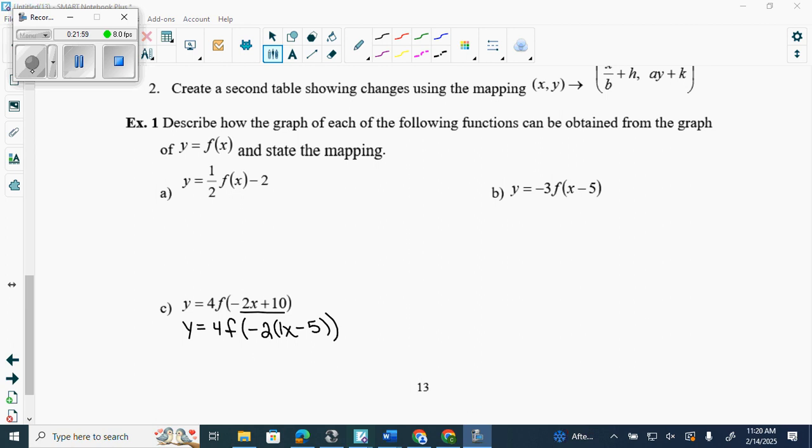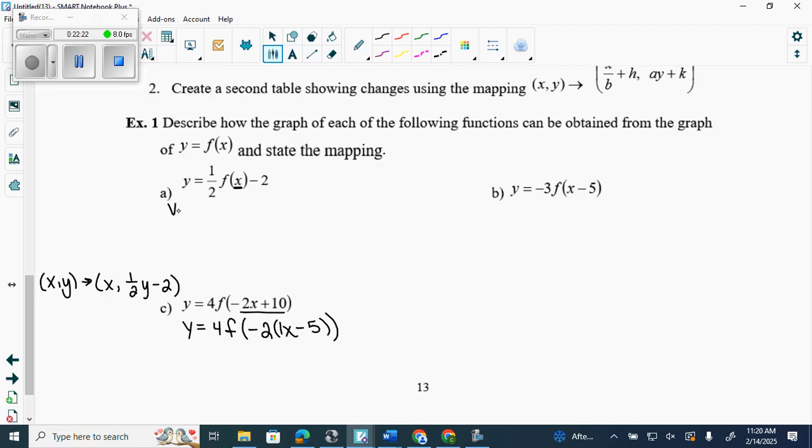So this one has x's by itself, so nothing's happening to the x's, so the y's are staying the same all the way through. So for example, my mapping I could do right away. x, y becomes x is staying the same. Then 1/2 y minus 2. Because they're not changing.